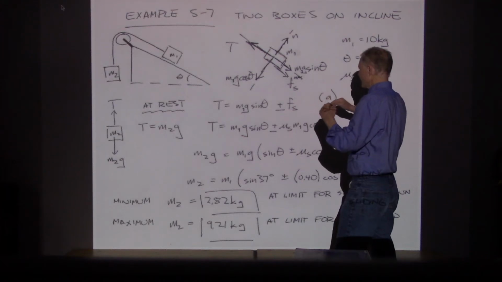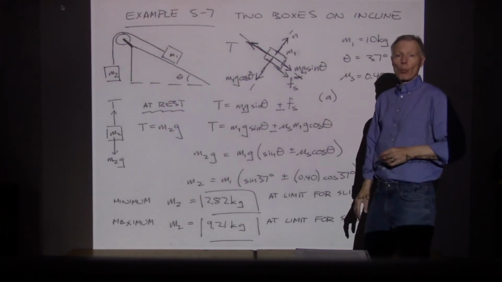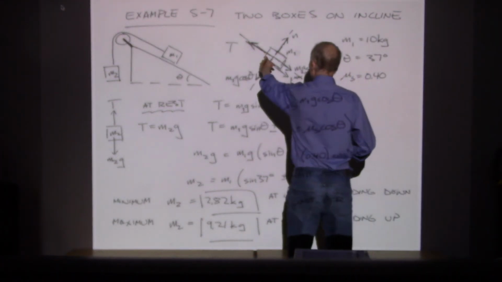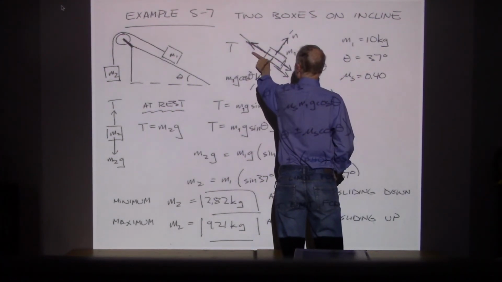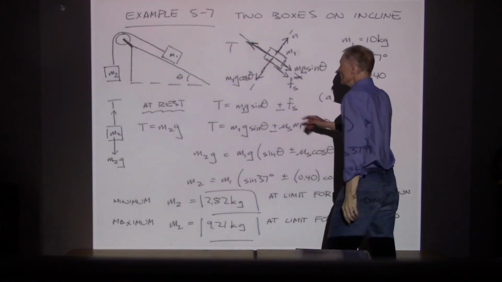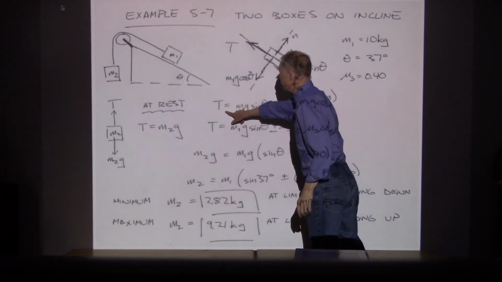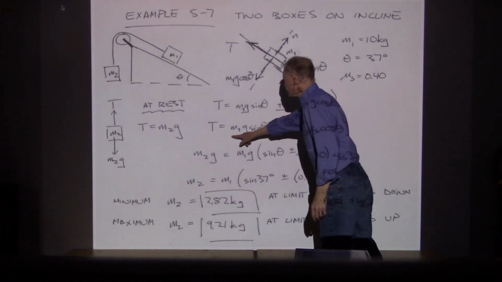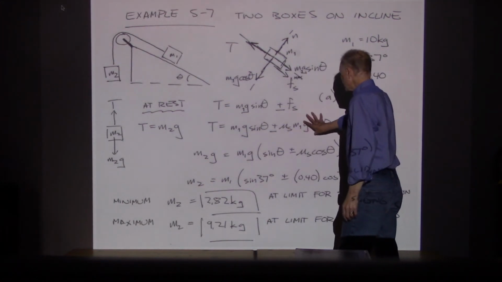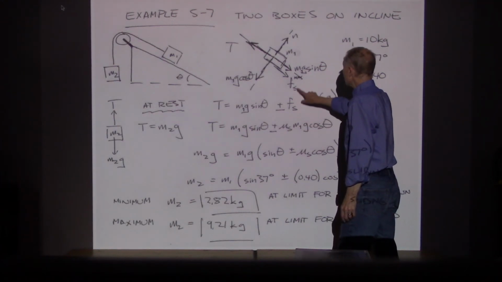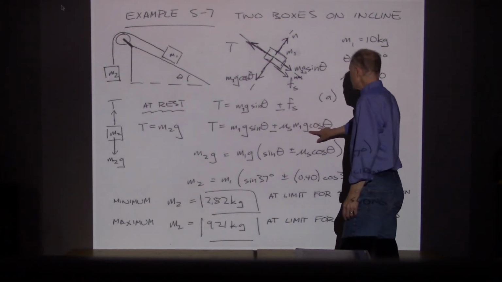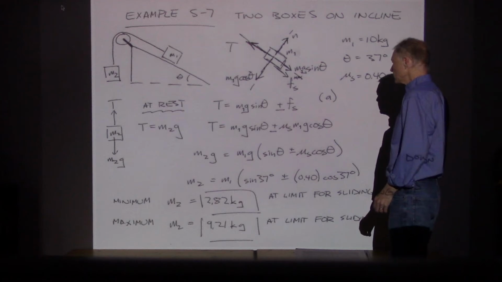I don't know if this is a good idea, but I'm trying to solve both cases at once. I'm solving for the possibility that static friction is in this direction, or in the other direction. This tells me how much tension I would need in the string for each of those cases. I've substituted in the expression for the maximum value of static friction.